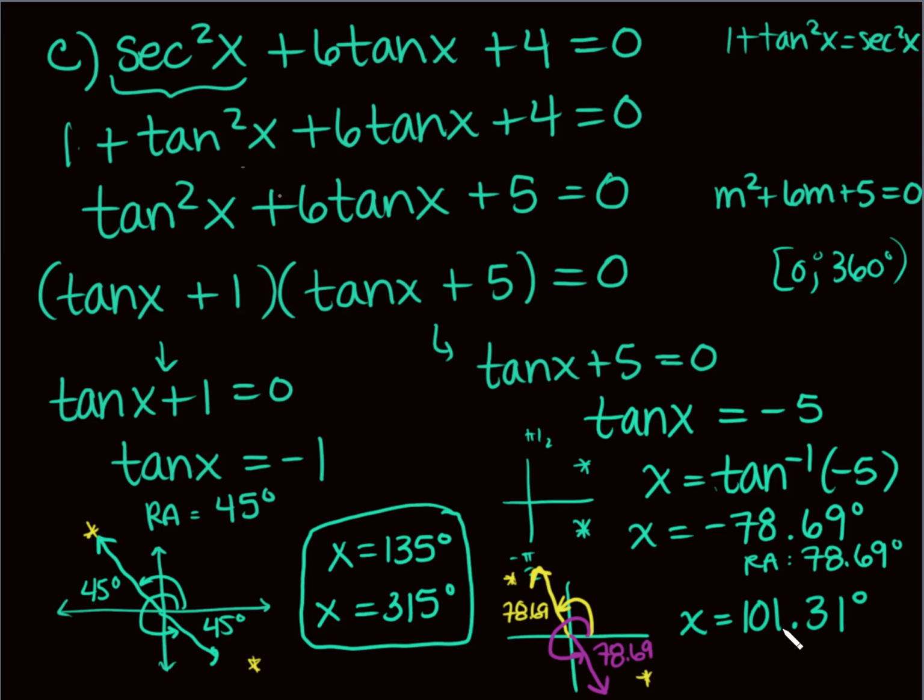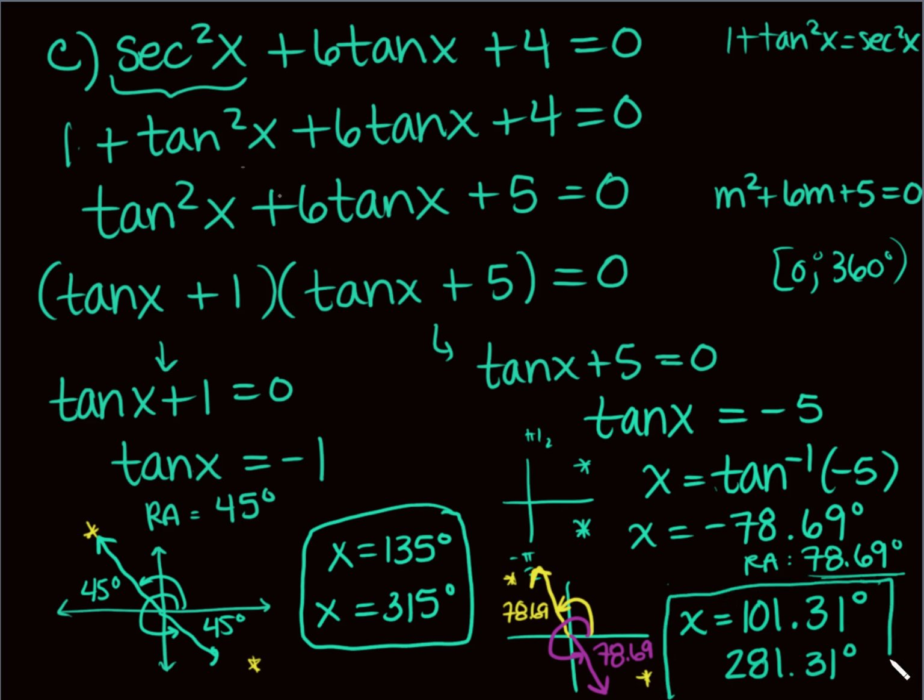To get in that fourth quadrant, I could just add 180 to that. And so what is my other angle? 281.31 degrees. Or if you took 360 minus 78.69, I'm just making sure, we get 281.31 degrees. Notice both of these angles have this reference angle, the 78.69.